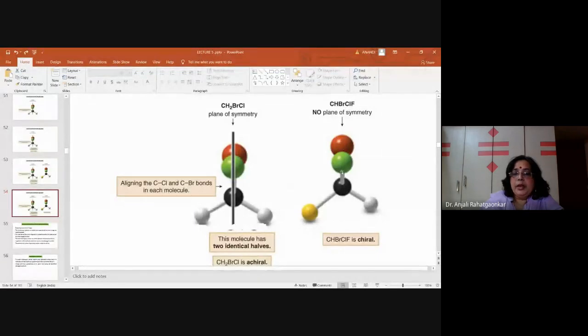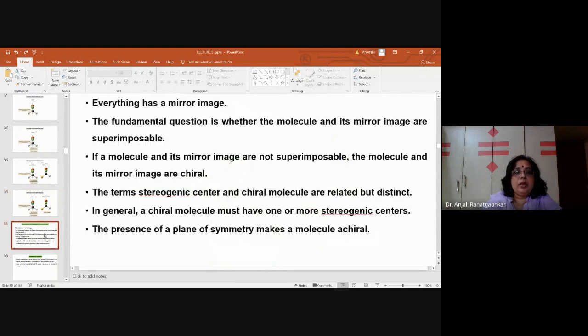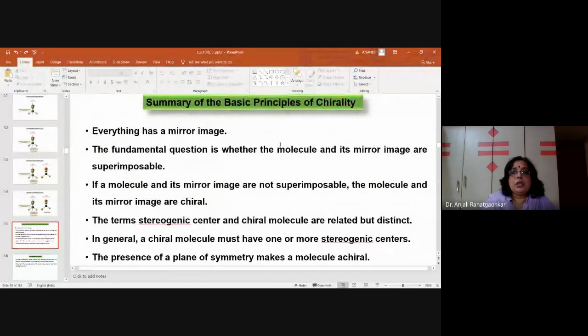अब कनेक्टिविटी के बारे में हम लोग नहीं सोच रहे, हम लोग सोच रहे सिर्फ प्लेन ऑफ सिमेट्री के बारे में। ओके, सो द समरी ऑफ द बेसिक प्रिंसिपल्स ऑफ द कायरलिटी, इसका आप स्क्रीनशॉट ले सकते हो। एवरीथिंग हैज अ मिरर इमेज. The fundamental question is whether the molecule and its mirror images are superimposable. If molecule and its mirror images are not superimposable, they are chiral.